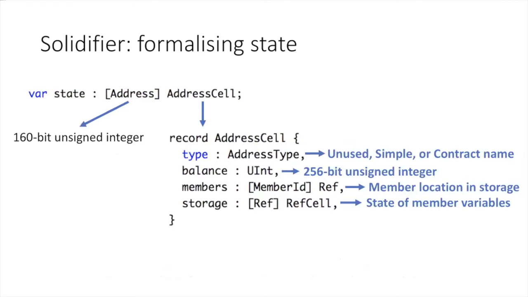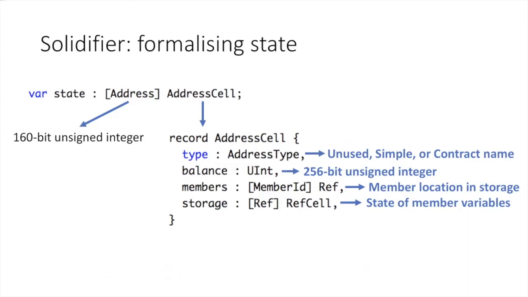Just to give you a little bit more insight on how we capture the state of the blockchain, we have basically this mapping from addresses to address cell, and this address cell is just a struct, a record that will capture the state of the corresponding address. What we have here is basically a type, which can either be unused, simple, or the name of a specific smart contract, if this is a smart contract instance.